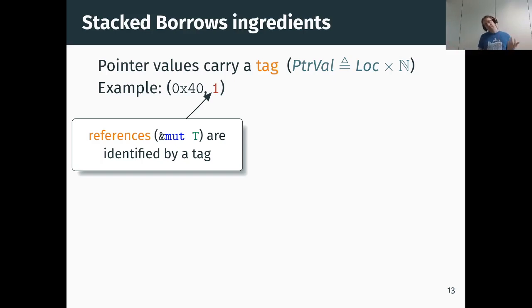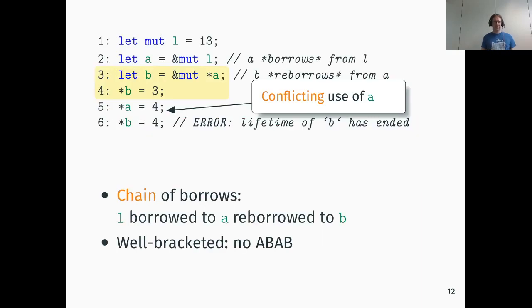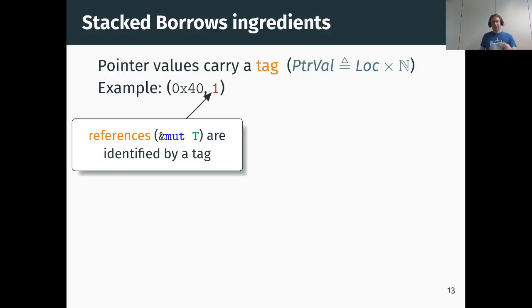This is needed to distinguish different pointers that point to the same thing, because as we've seen with this example, A and B both point to L. So they look exactly the same if we only care about where they point to, but using A versus using B makes a difference. We have to be able to distinguish these two pointers, and we do that by just adding a tag to them. One of them will be tagged 1, one of them will be tagged 2. Now they're not the same anymore, and we can ascribe different rules to them.